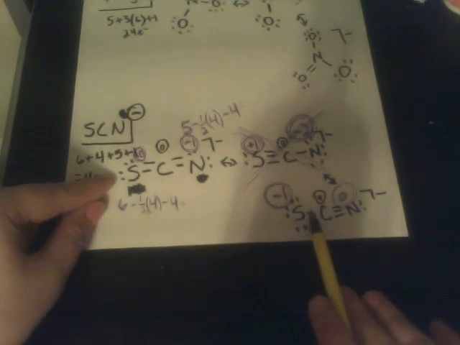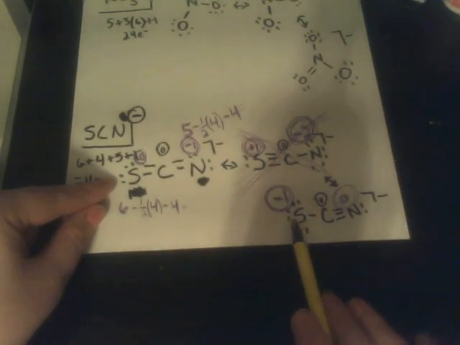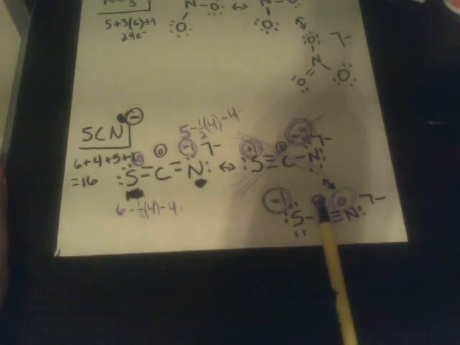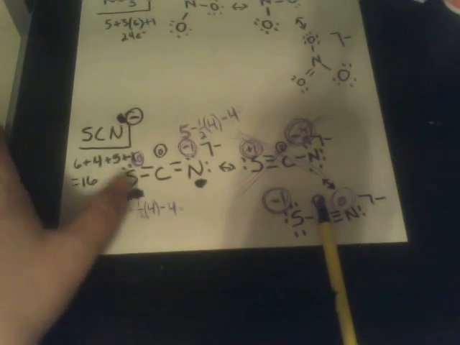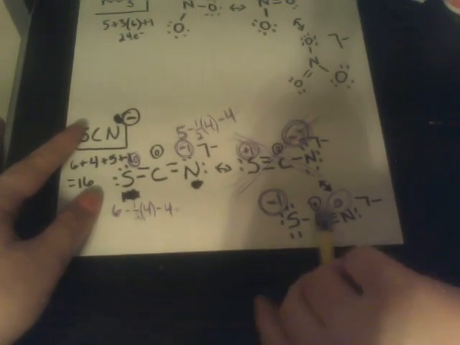So what we have to ask ourselves is, is the negative more comfortable on the sulfur or on the nitrogen? So what we're going to have to do is look up the electronegativity. And I do not have that pulled up, so let's get that out. The electronegativity of the atoms. So this is slide 5.